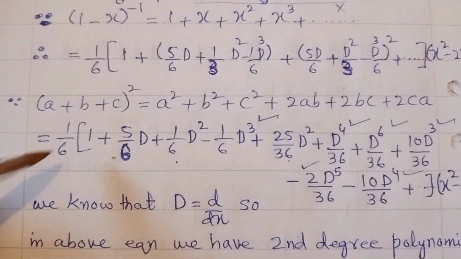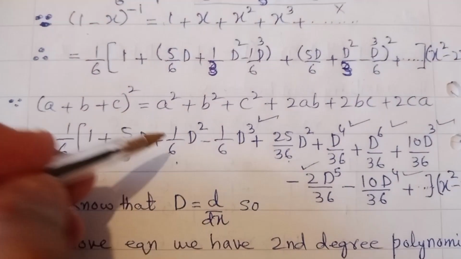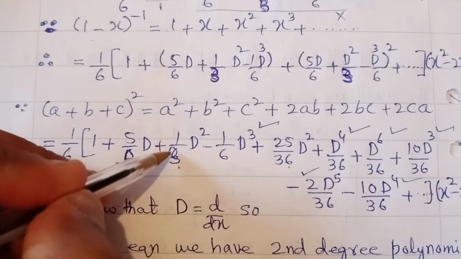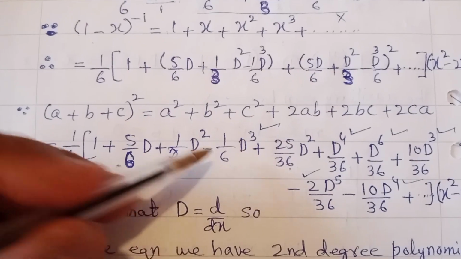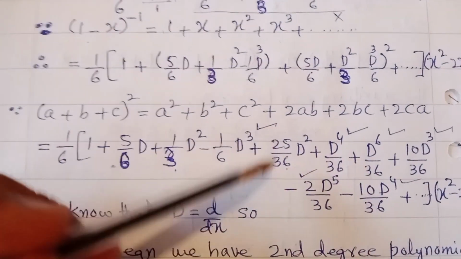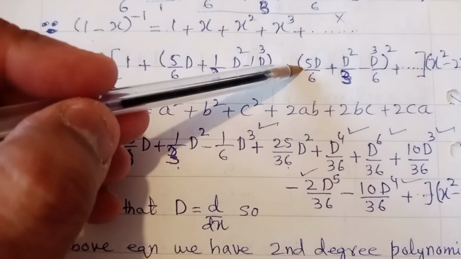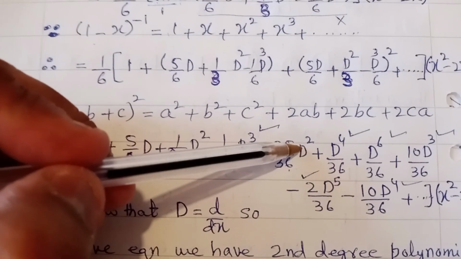So the first term will remain the same, the second term will remain the same, and here this is 1 upon 3 D square minus 1 upon 6 D cube plus, when you open by a square, this will be 25 upon 36 D square.